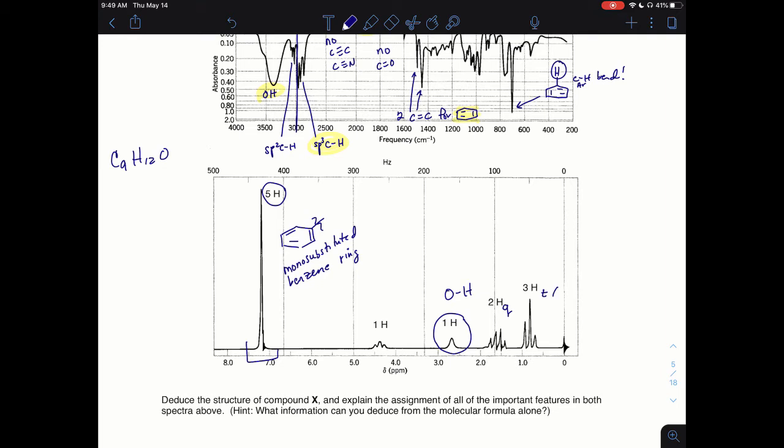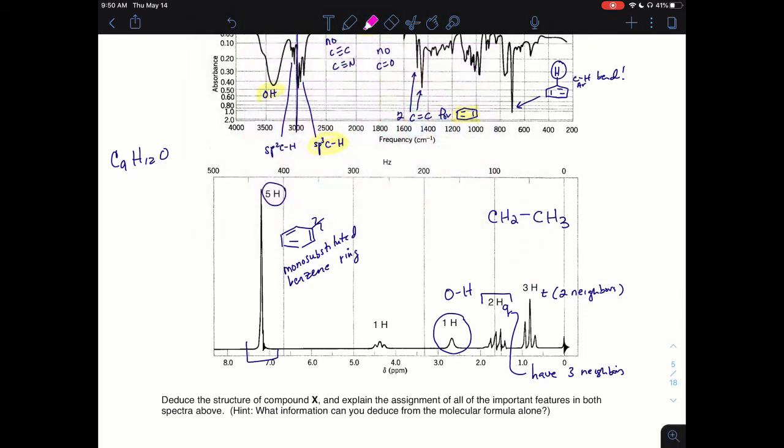A triplet means that those 3 hydrogens have 2 neighbors. A quartet means that these 2 hydrogens have 3 neighbors. Hey, I bet they're connected. Yes. Okay, CH2, CH3. I bet they're connected to each other.